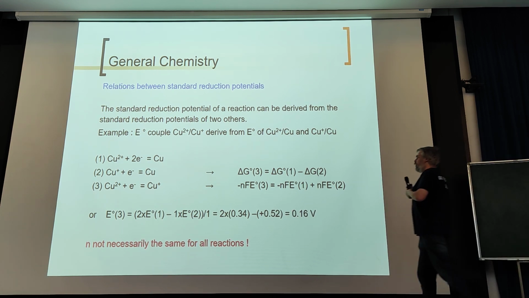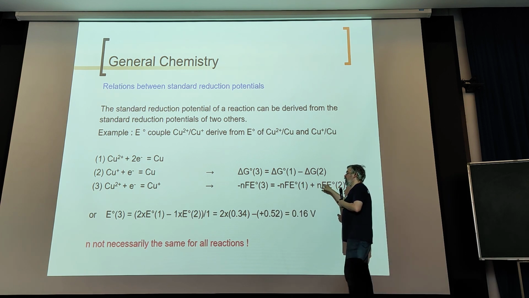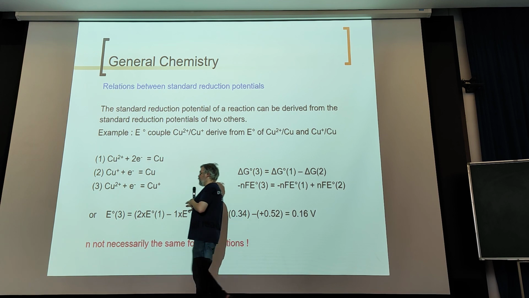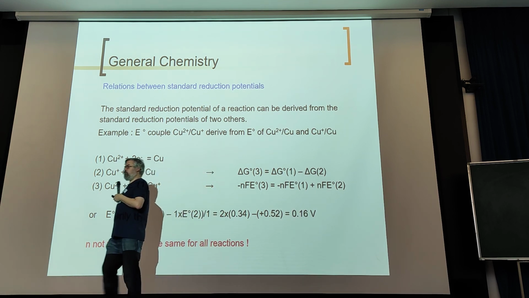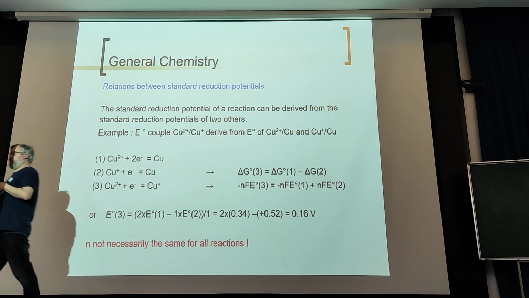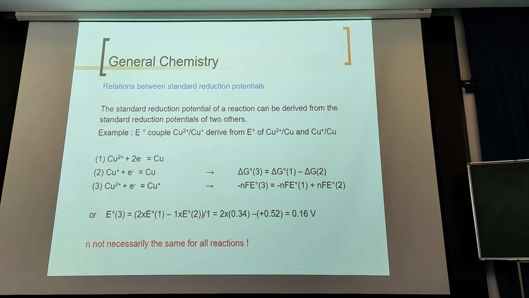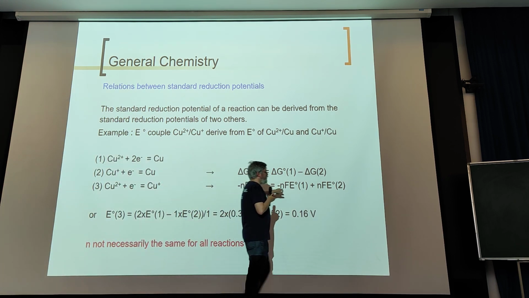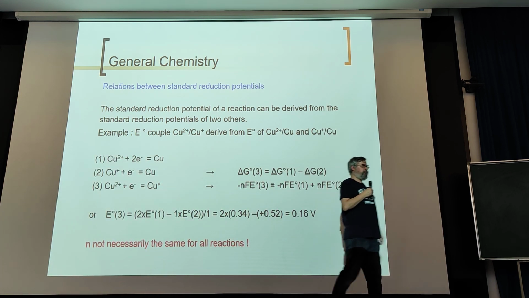So we can do the same. We divide the whole thing by minus NF, and we think we could also just make the difference between the two potentials. But it is not so simple as that. The problem is, if we divide by NF, our N is not every time the same.